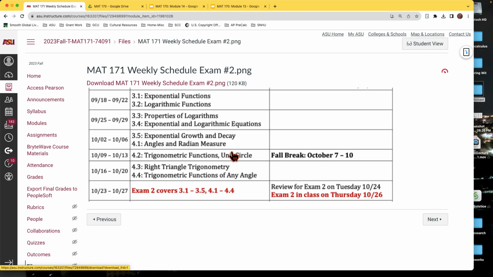We do have fall break, and that's why next week we won't be meeting on Tuesday. So we get a little bit of break, and then we'll only do two more sections, and then our exam. So that's 3 weeks before our next exam, and when we get to our exam, we'll do the same thing, where Tuesday will be a review session where we can work through some of the exam review questions, and then we'll have the exam on Thursday and do it all over again.